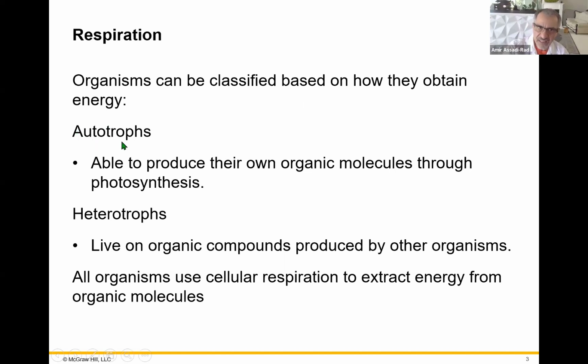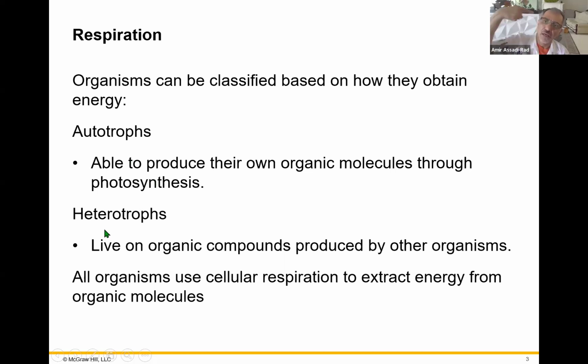So they feed themselves. Example, plants. You saw in the lab Serratia, some of these, spirogyra. These are able to produce their own organic molecules through photosynthesis, which you did in the lab.